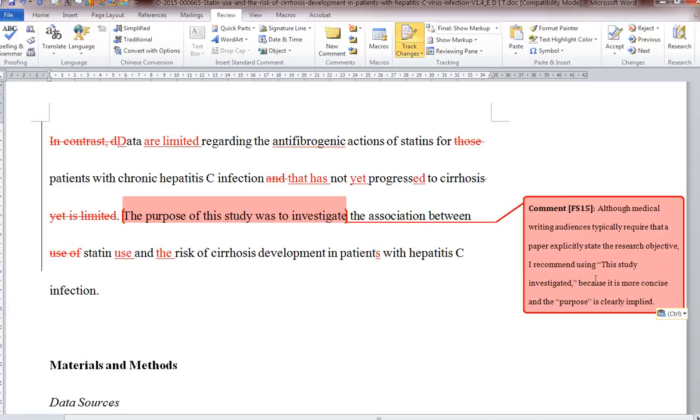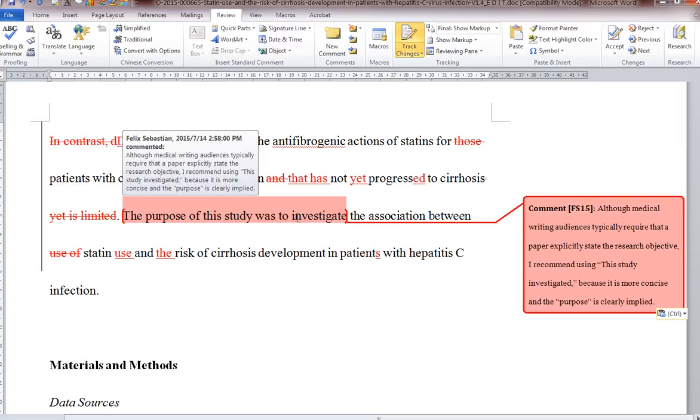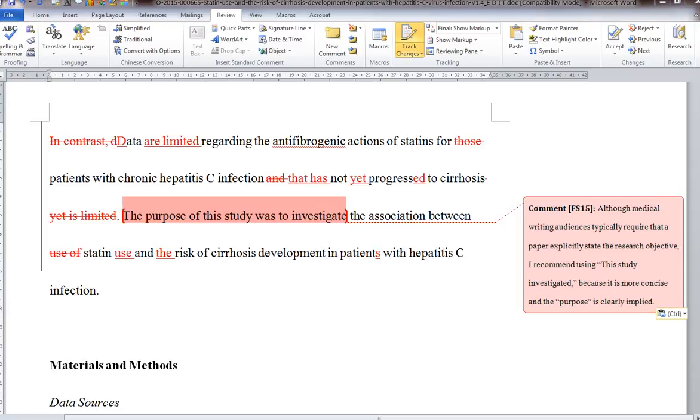However, I want the author to consider making it more concise because the purpose is clearly implied. Consider using "this study investigated." With domains other than medicine, we editors typically revise it for conciseness. Sometimes the statement will say "the aim of this study" or "this study attempted to," and it's something like investigate or explore. And those verbs just don't fit with an attempt or an aim. You just do them, regardless of whether the results are favorable or successful.